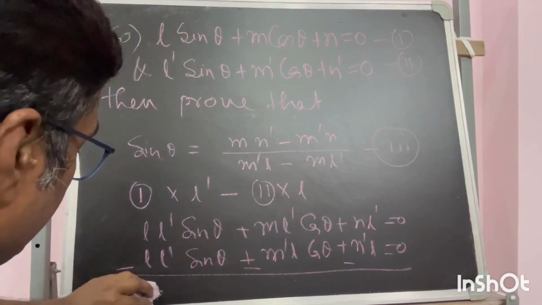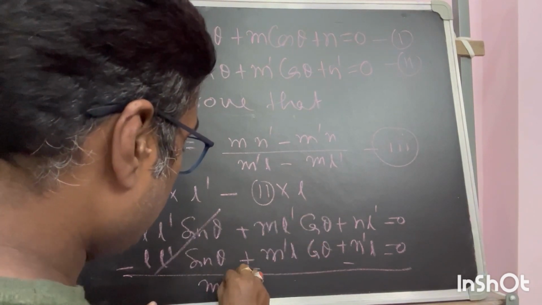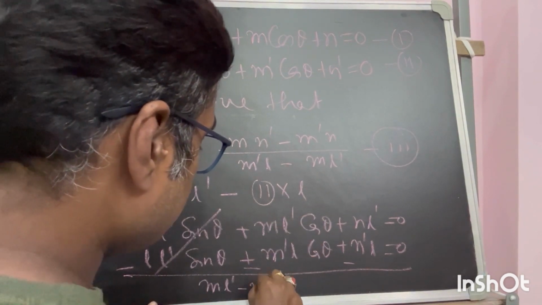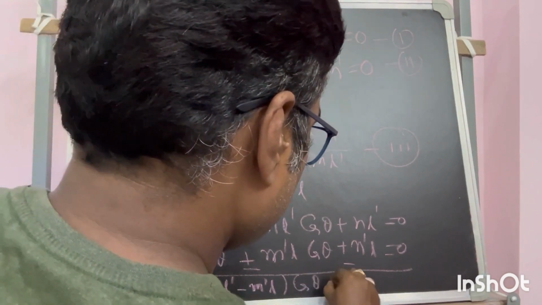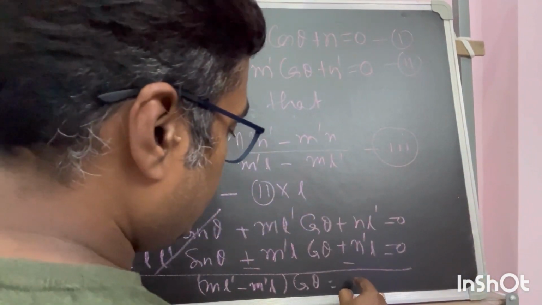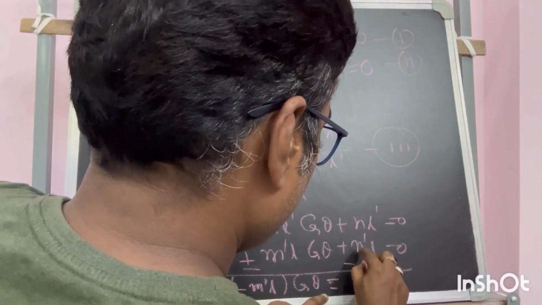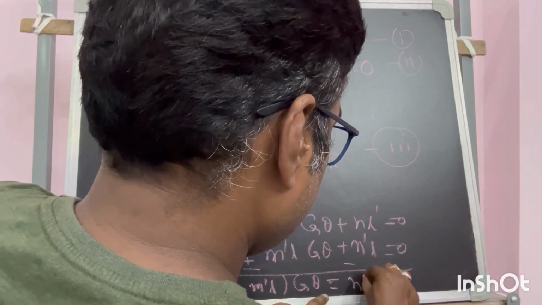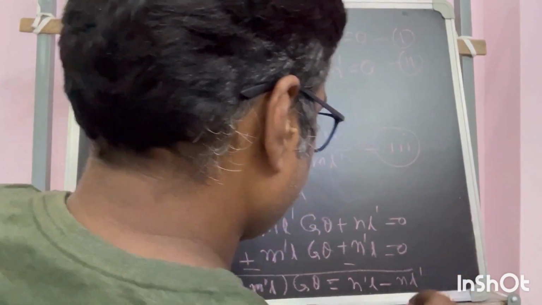Deduct. So this will be cancelled out. Here M L dash minus M dash L cos theta, and if it is transferred to the right hand side, this will be positive N dash L minus N L dash.